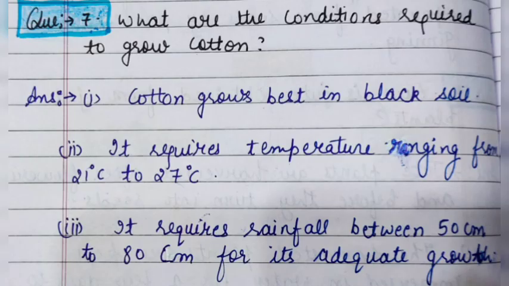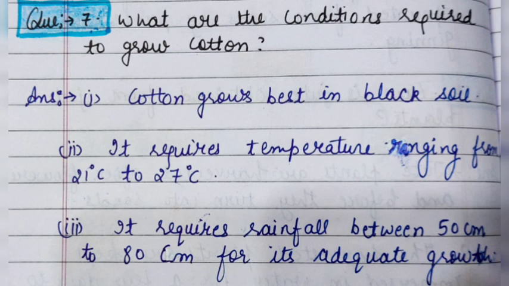Question number 7 is, what are the conditions required to grow cotton? Answer is, cotton grows best in black soil, and black soil is very important for the growth of the cotton plant because black soil has the ability to retain moisture and is best suited for the cultivation of cotton.